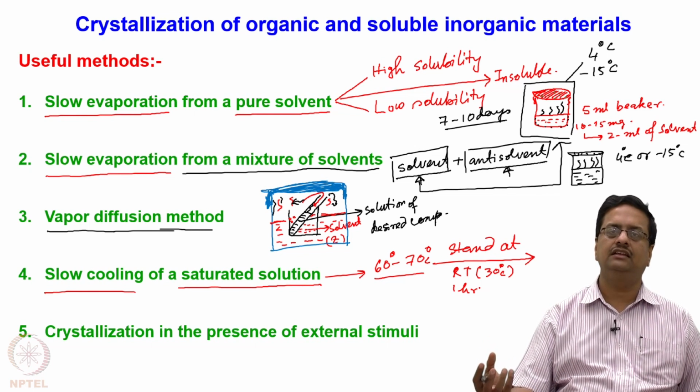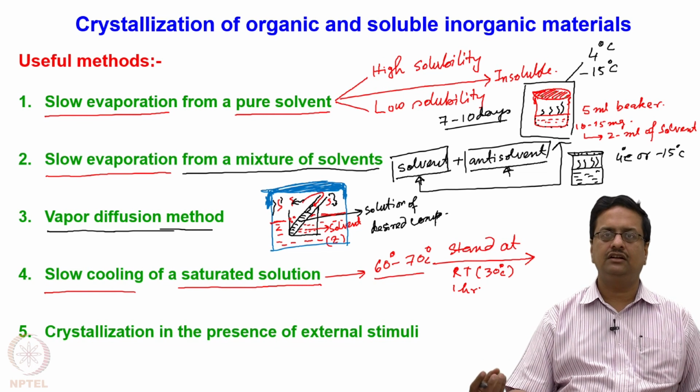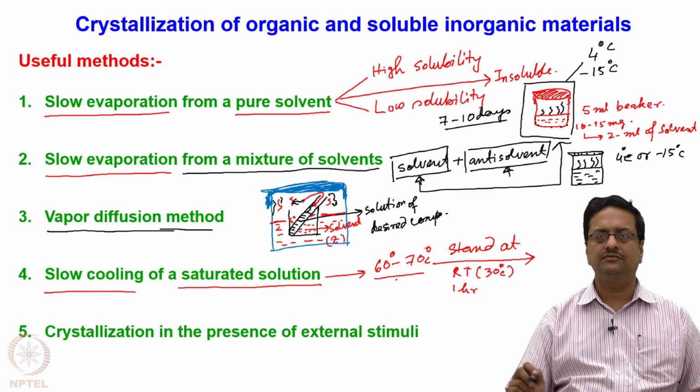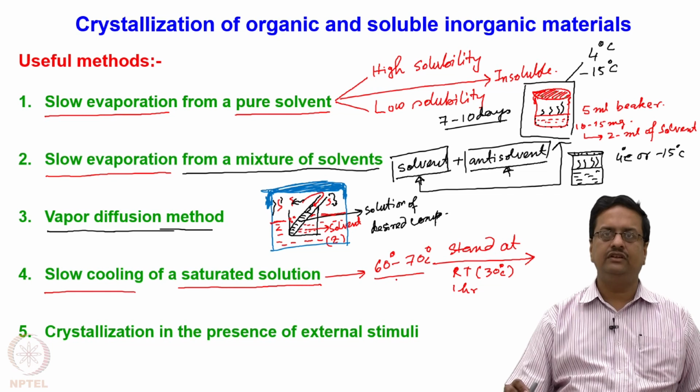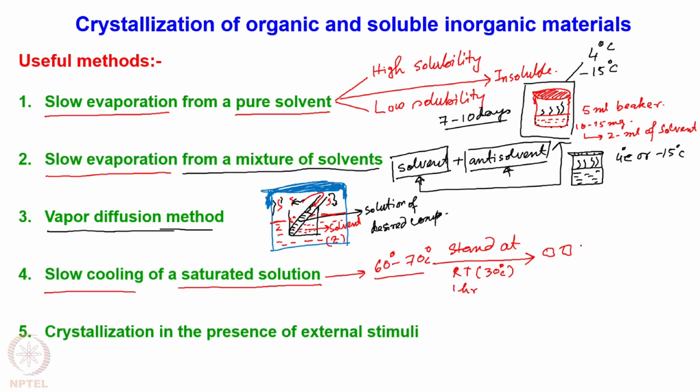You are not applying any coolant to cool the substance, you are allowing the solution to radiate its heat slowly, and as a result of lowering the temperature of a saturated solution, as we know, the solubility decreases drastically and we end up getting crystals of the compound in that test tube or a beaker.